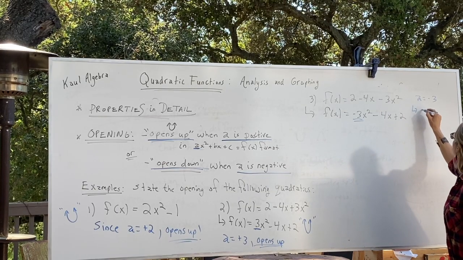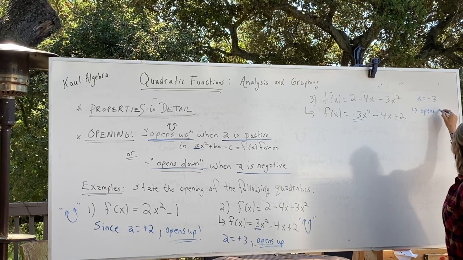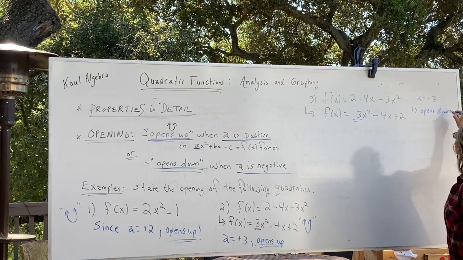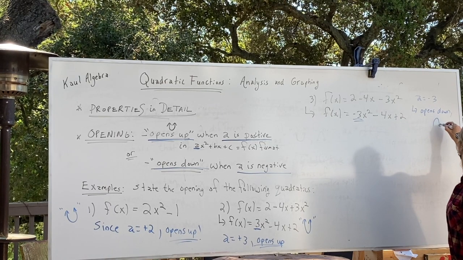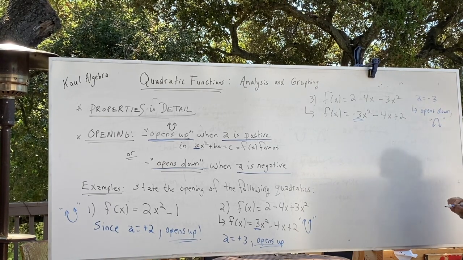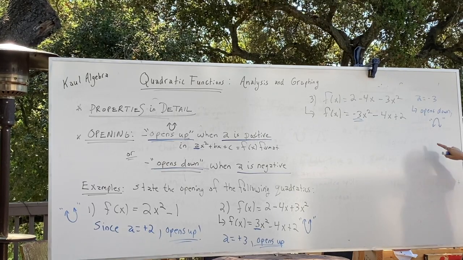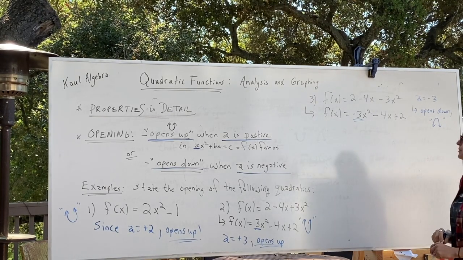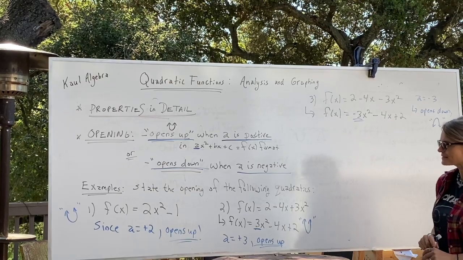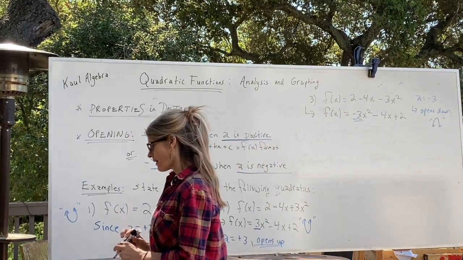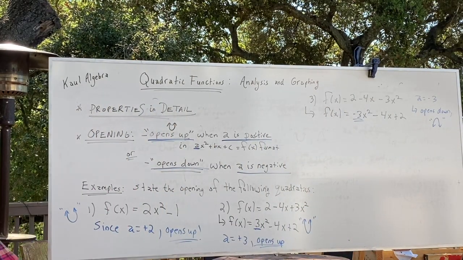So this opens down, which you could again indicate by a little symbol, an umbrella shape, a parabola that opens down. So not much to the opening. Our next step is to look at some other features.